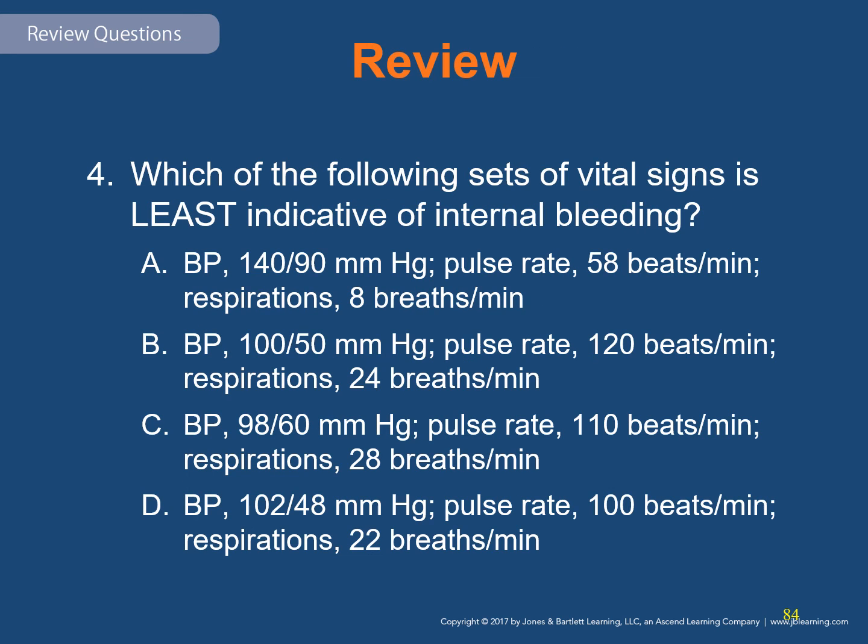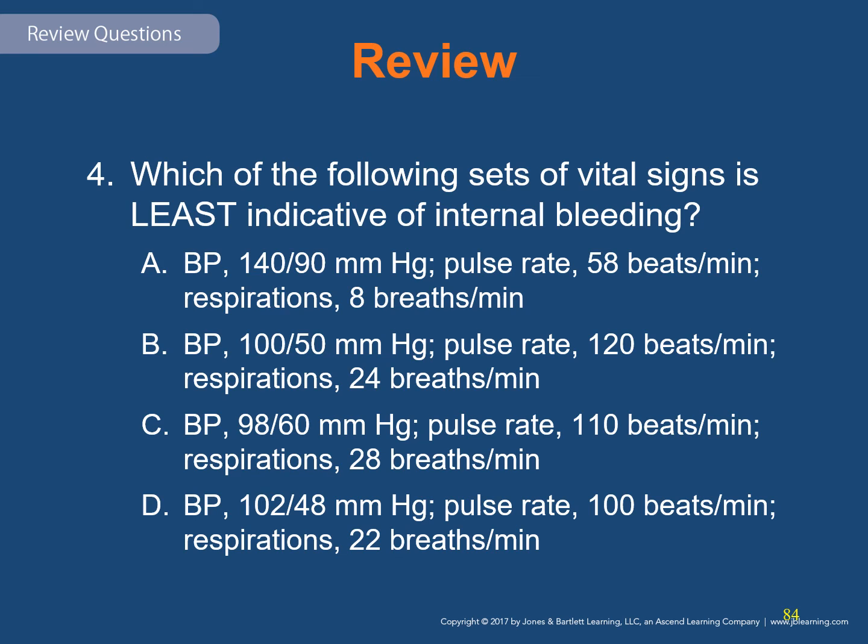Review question 4. Which of the following sets of vital signs is least indicative of internal bleeding? A. BP of 140/90, pulse rate of 50 beats per minute, respirations of 8 breaths per minute. B. BP of 100/50, pulse rate 120 beats per minute, and 24 breaths per minute.